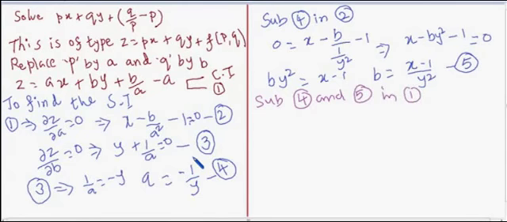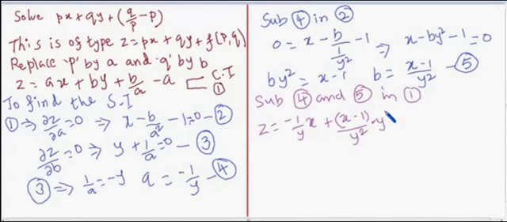That is, z is equal to, looking at equation number 1, the first term is ax. For a you can substitute minus 1 by y, into x. The second term is by; for b you can substitute x minus 1 divided by y squared, into y.